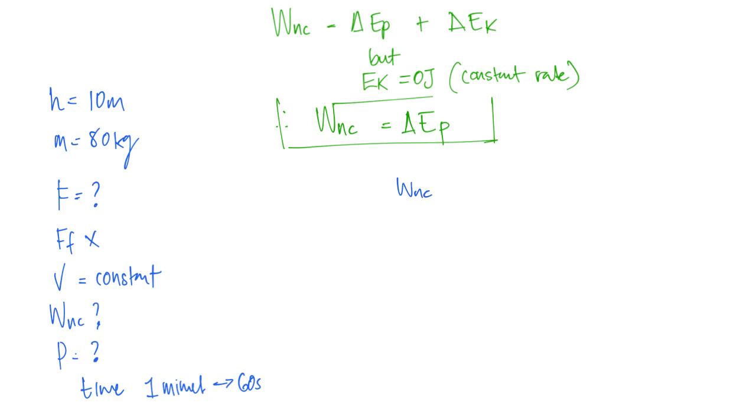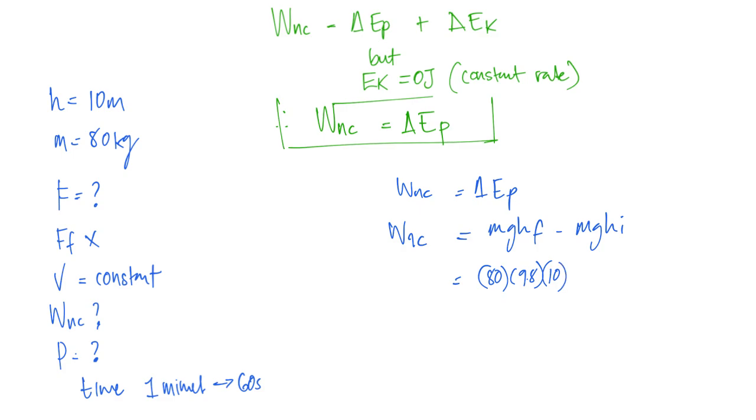So WNC is equal to the change in EP, which means WNC is equal to MGH final minus MGH initial. And that gives me 80 times 9.8 times 10 minus 80 times 9.8 times 0, giving me a total of 7840 joules.